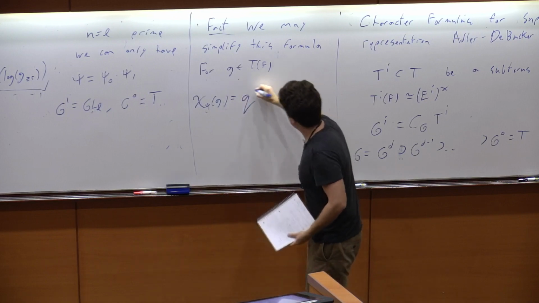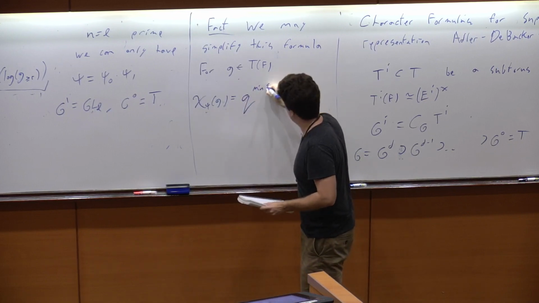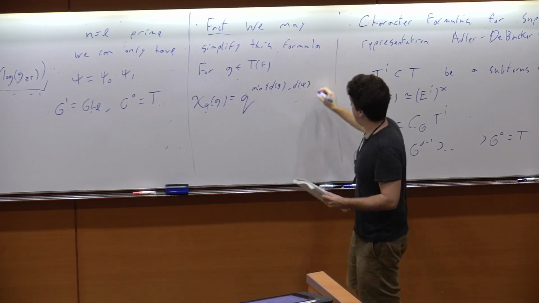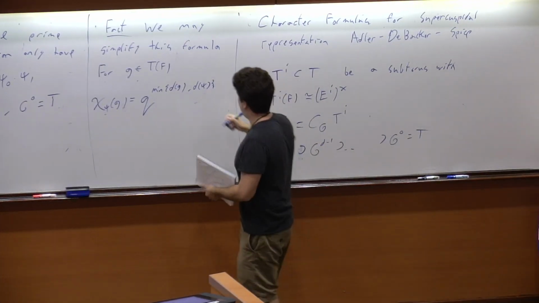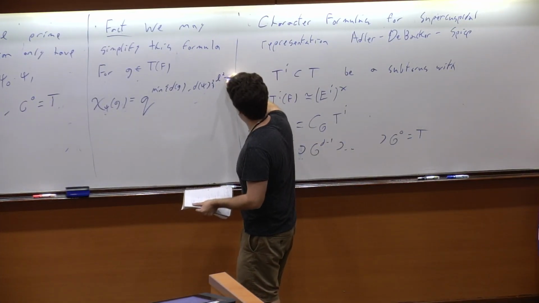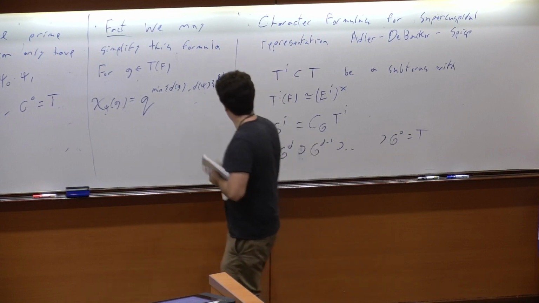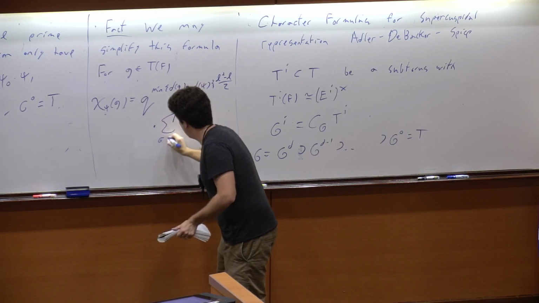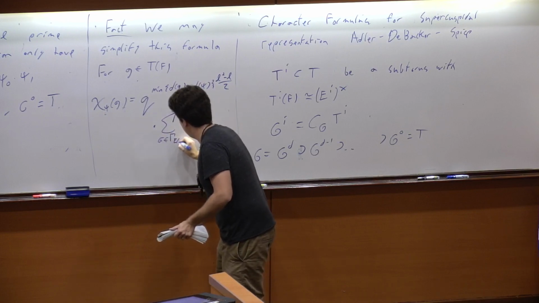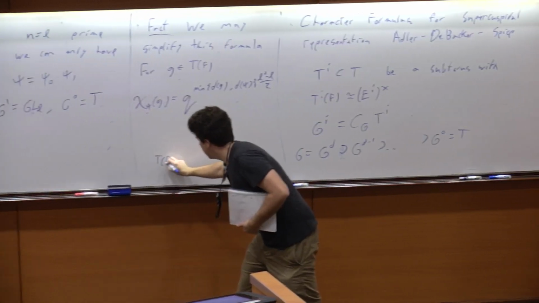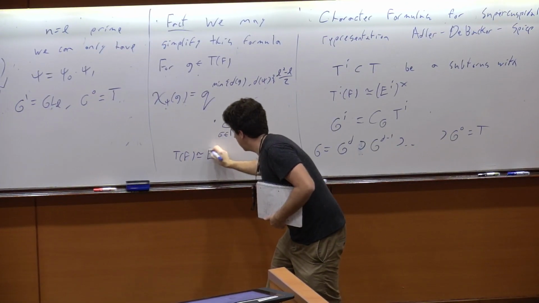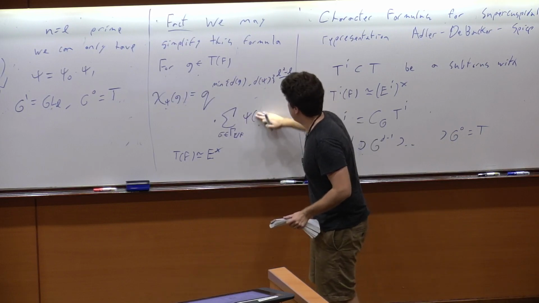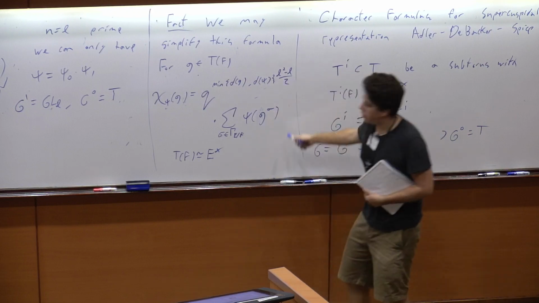q to the minimum of the depths of g and psi, to the power of (l squared minus l) over 2, times just the sum over the Galois group of E over F, where E is the extension corresponding to T, of the character of g taken at its Galois conjugate.